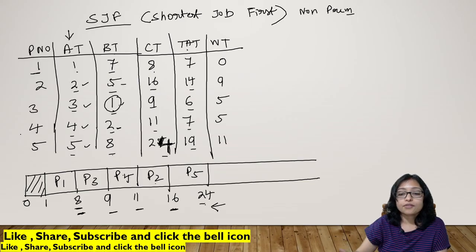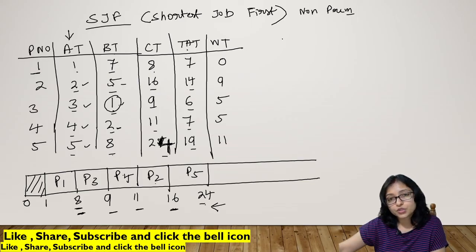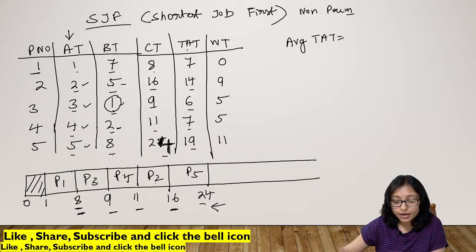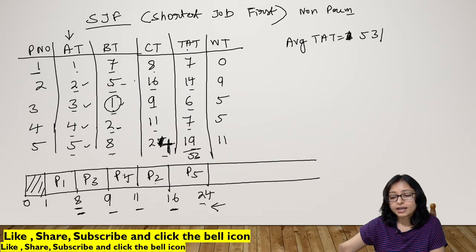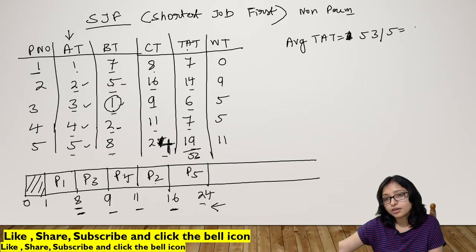And here, to get the average turnaround time, just add all. After adding, this will actually be 53. Divide 53 by 5 processes, and you will get 10.6.